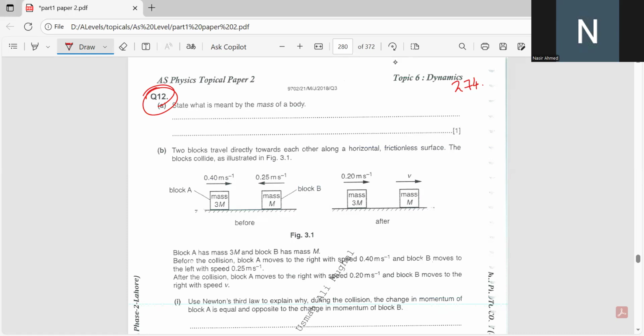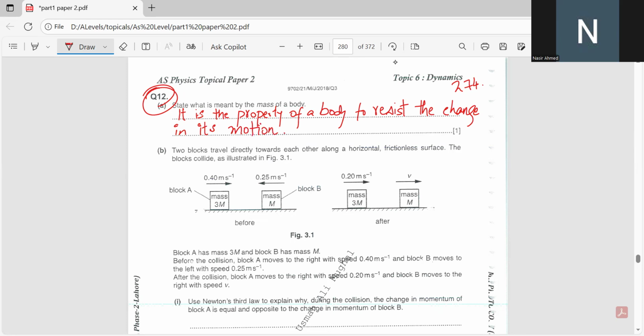Mass of a body is defined as the property of a body to resist the change in its motion.